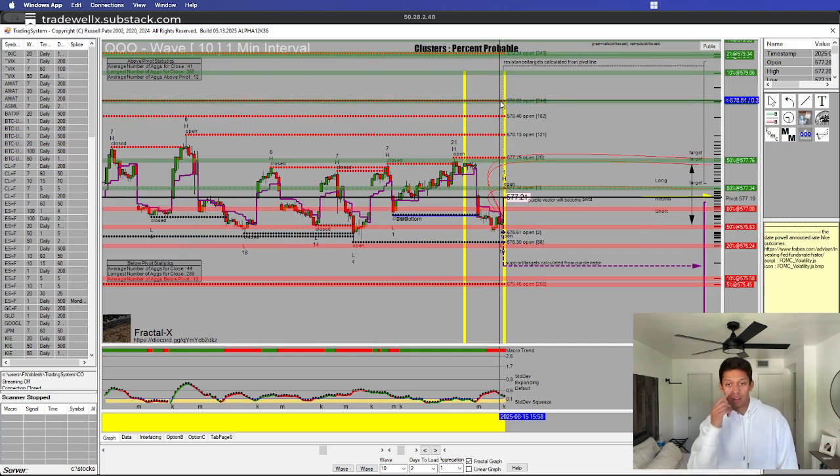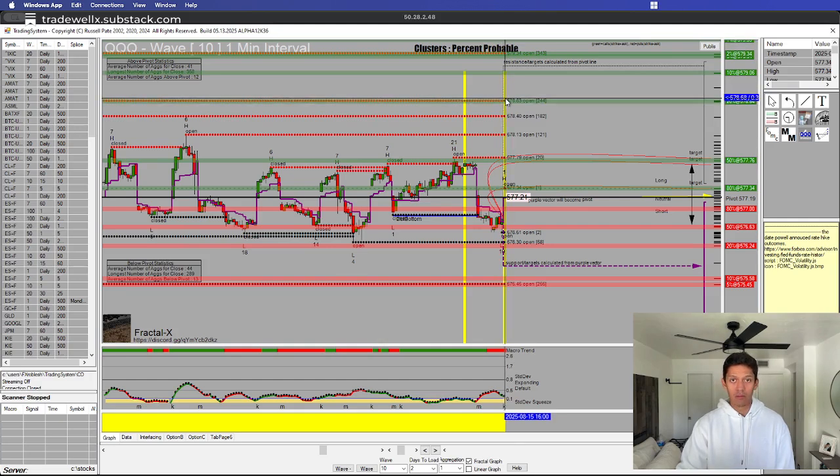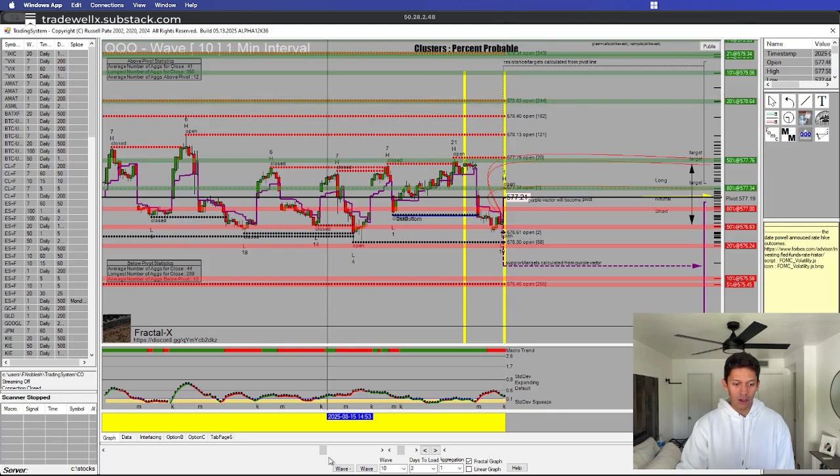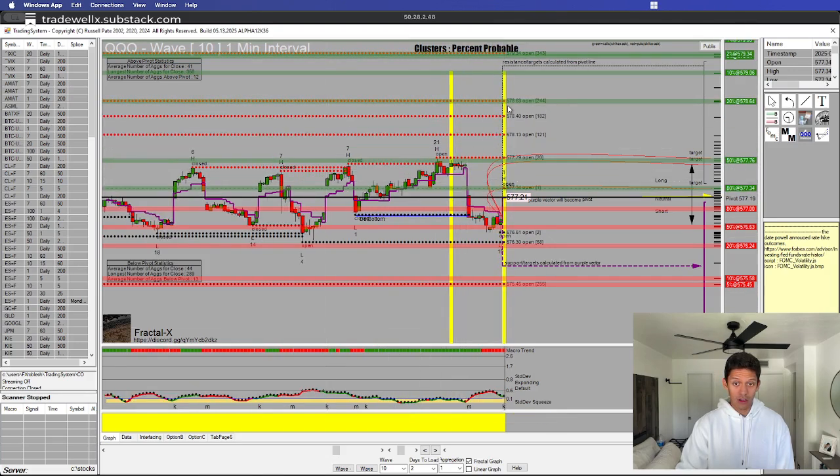Now what happens is that when the state changes from open to closed upon the market reaching that point, the fractal will evaluate whether or not that open state has been closed. And many times that requires a little bit of an overshoot because of the mechanics of the algorithm and just how market volatility works.